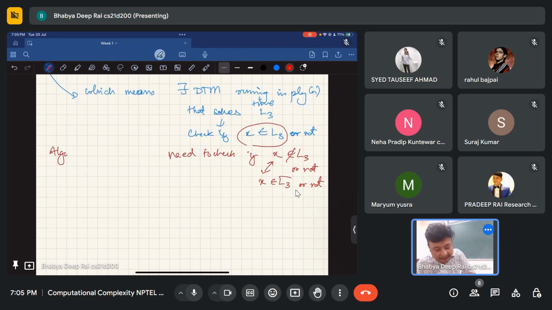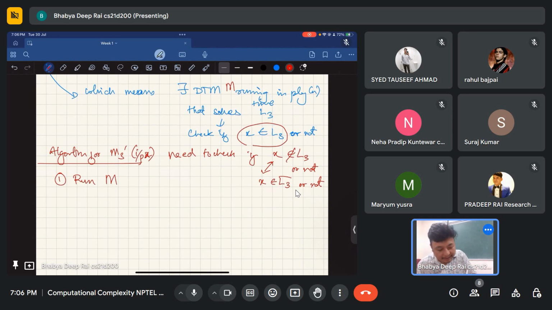The algorithm for M3 prime is as follows, on input X. Remember, M3 prime is supposed to decide L3 bar, which means whether X is not contained in L3 or not. So what I do is run the algorithm, let's say this is M. M decides whether X is in L3 or not.